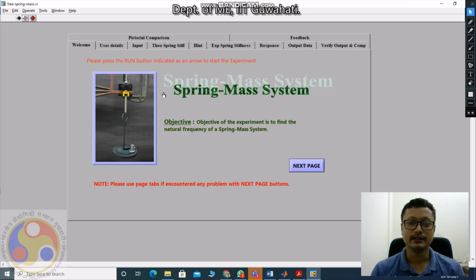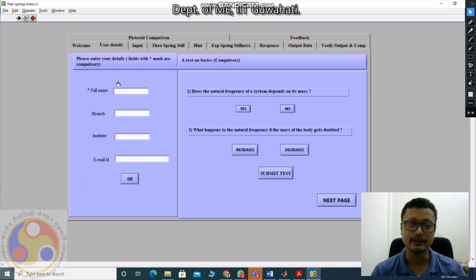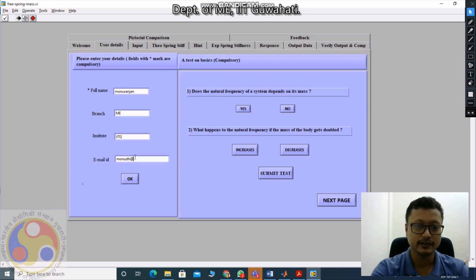This is the objective of the experiment, written here; you need to read this, then click next page, then click user detail here and type your name. My name is Manuranjan, branch mechanical, institute IIT Guwahati, and my email ID. These are the things you need to fill in.